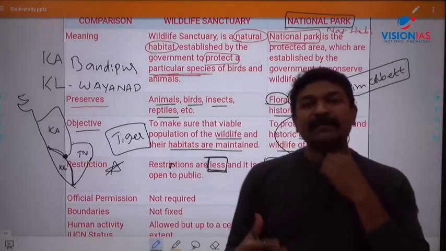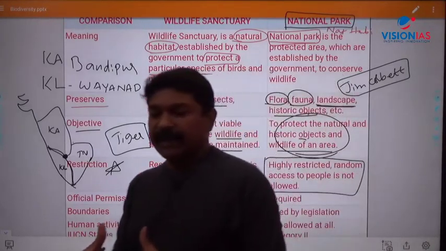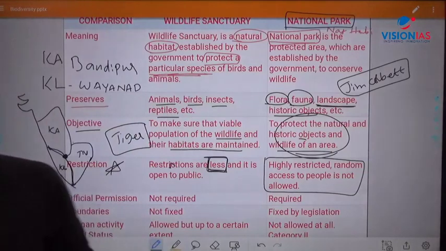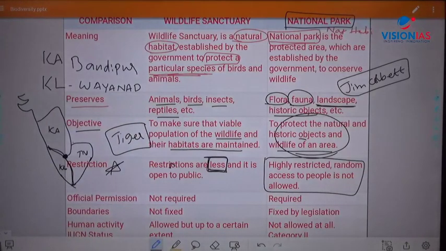When people are moving from the Bandipur Tiger Reserve into the Wayanad Tiger Reserve, they discovered that at night, the vehicles moving on the national highway there are killing tigers. At night, the wild animals are free to roam here and there.